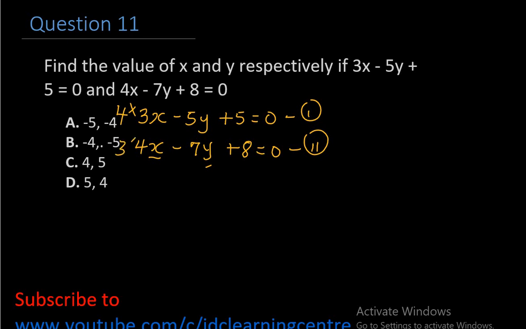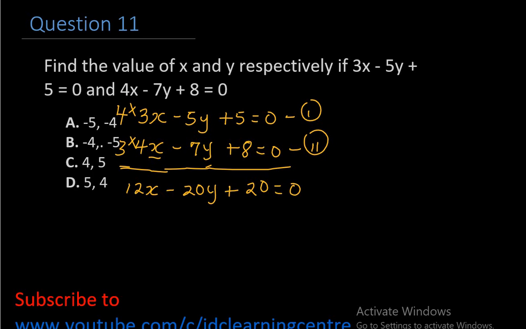If I do that, 4 times 3X gives me 12X, minus 4 times 5, 20Y, plus 4 times 5, 20, equal to 4 times 0, 0.